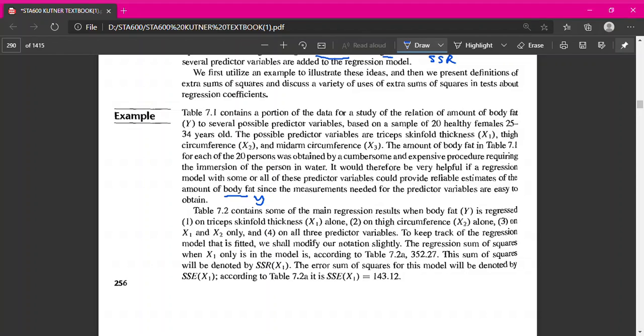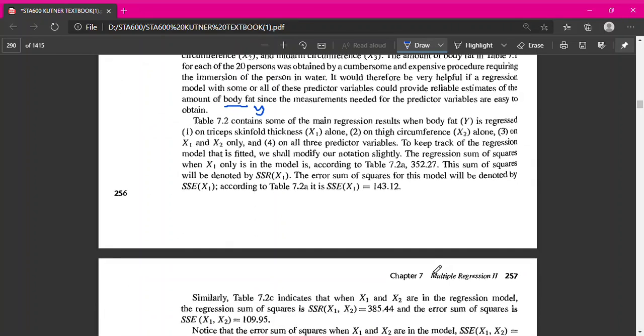So kita nak tahu kat sini whether all the 3 independent variables yang ada ni, X1, X2, and X3 ni, will be helpful for the regression model in explaining the variable Y. Sama ada X1, X2, X3, ketiga-tiganya helpful ataupun only X1 sahaja helpful, only X2 sahaja ataupun only X1 and X3 sahaja ke, only X1 and X2 sahaja ke, we can estimate. Okay, we can find out using the method of extra sum of square actually. So we need to know how to find the extra sum of square.